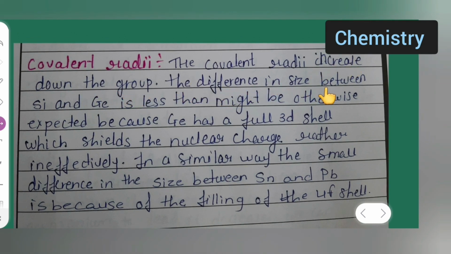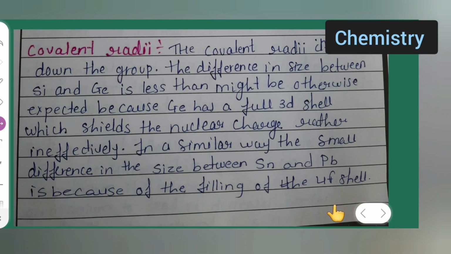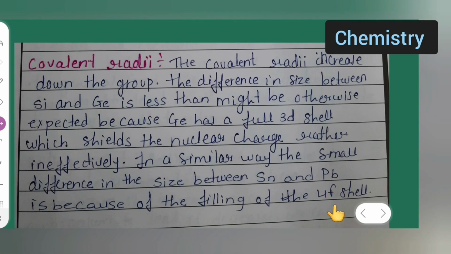The difference in size between Si and Ge is less than might be otherwise expected because germanium has a full 3d shell which shields the nuclear charge rather ineffectively. In a similar way, the small difference in size between Sn and Pb is because of the filling of the 4f shell. Okay, you all can take down this also.